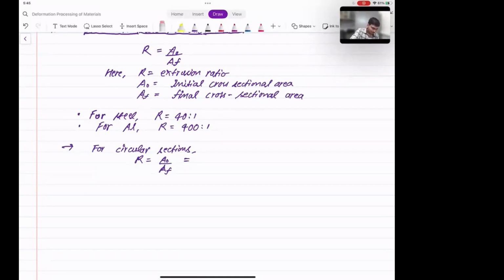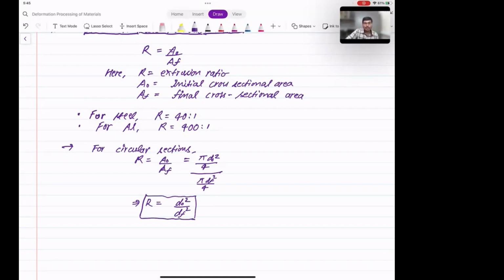So pi d naught square over 4, where d naught is the initial diameter, divided by pi df square over 4. Ultimately this value becomes d naught square by df square, in terms of the diameter. So this was the reduction ratio.